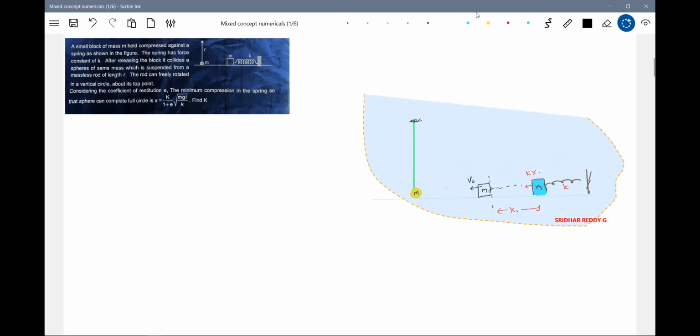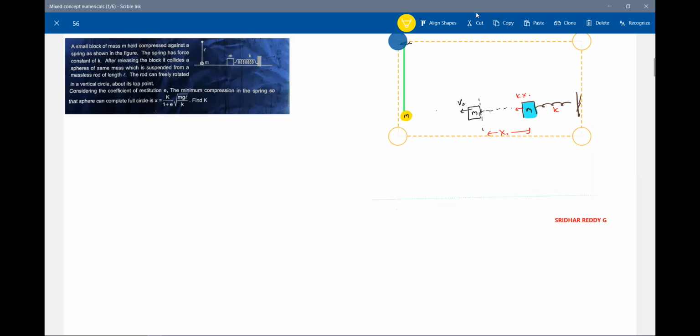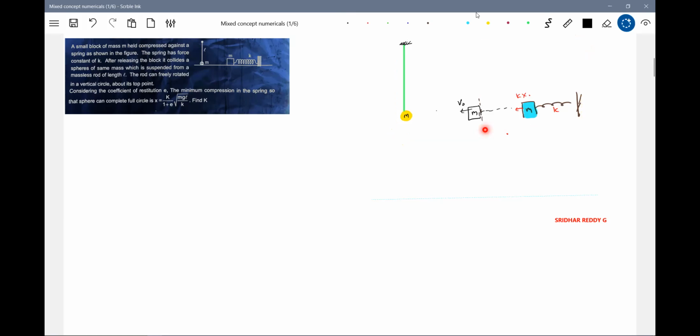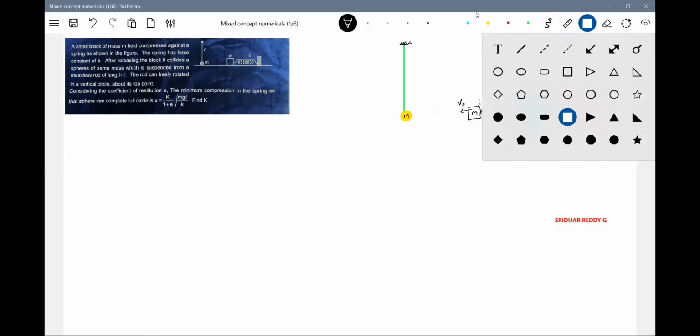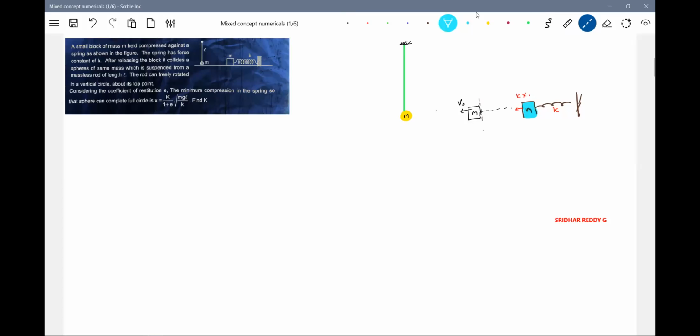What else? So the block will come and collide.